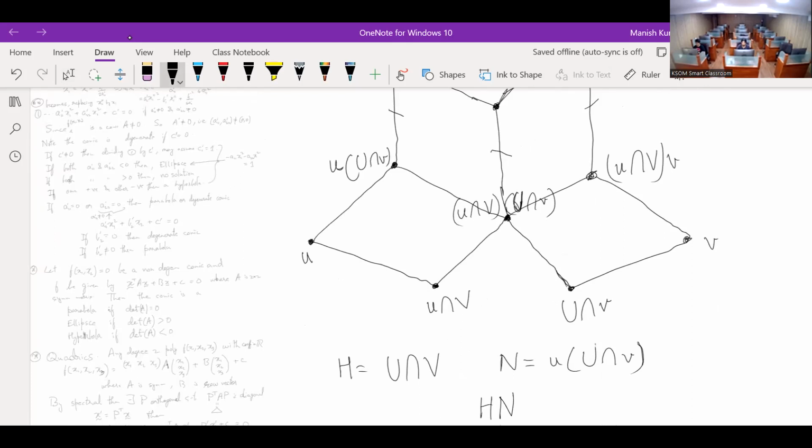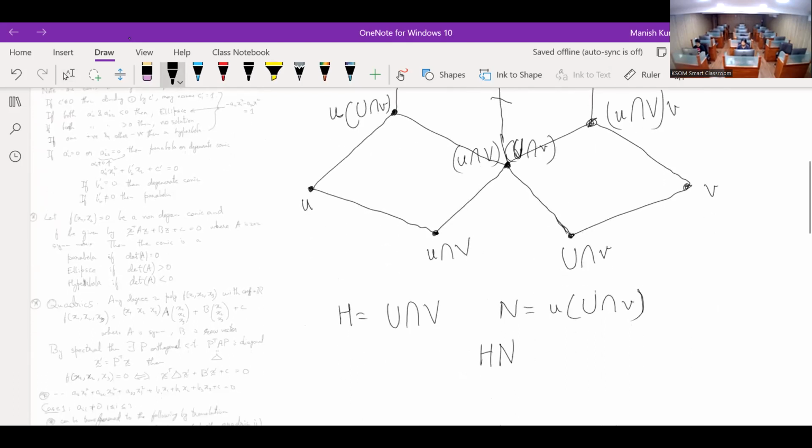H times N over N is isomorphic to H mod H intersection N. This is what the third isomorphism theorem tells us.